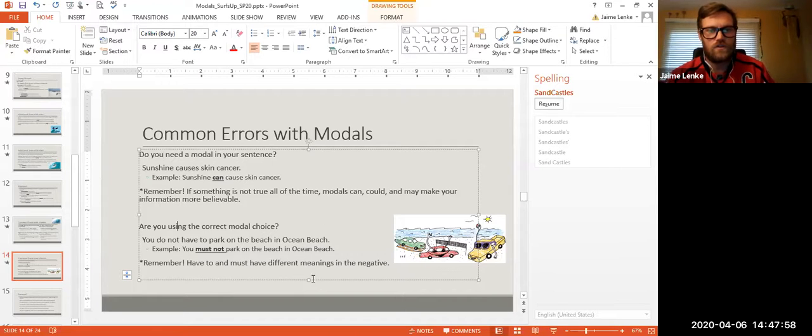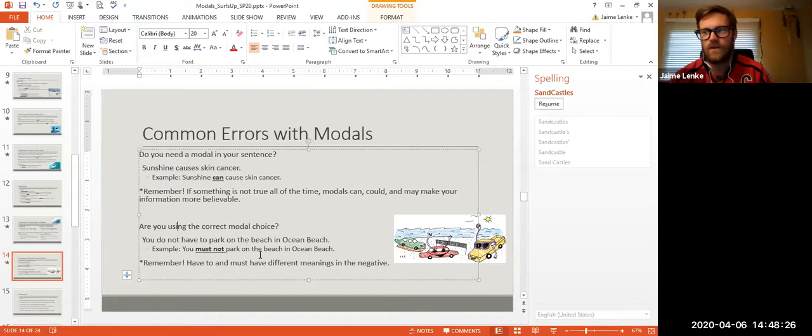And then using the correct modal. So you do not have to park on the beach in Ocean Beach. You must not park, right? When we say must, it's giving it more weight. It's saying not only do not do that, but you can't do that, right? So if you say you shouldn't go to the beach right now, that's a piece of advice, but you must not go to the beach right now is an actual command, right?